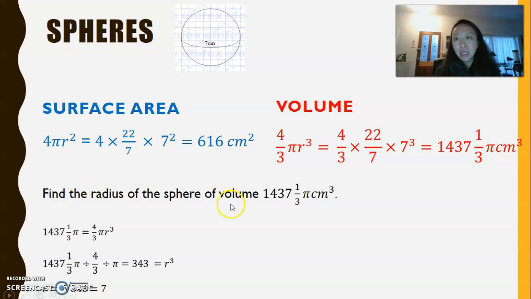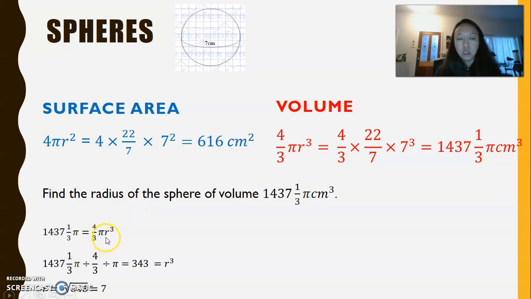This is the volume of the sphere, so we have to use the formula for the volume, 4/3 pi r cubed. The volume is this one over here, so I'm substituting this in. As we can see from this equation, the only unknown left is the value of r, the radius, which is what the question wants us to find.